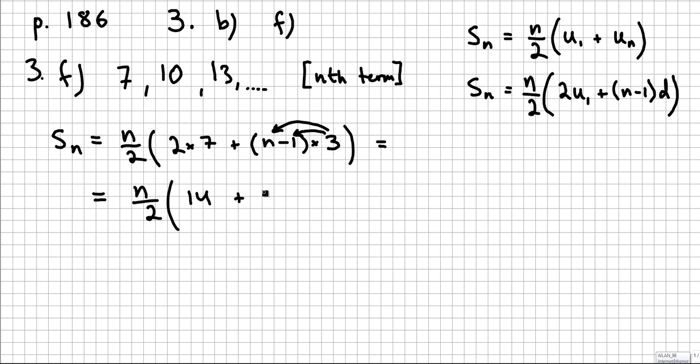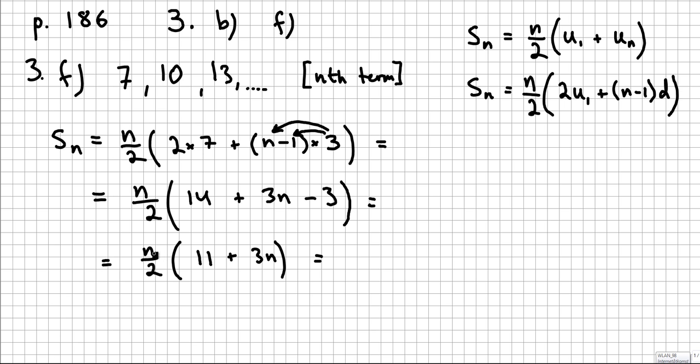So 3 times n is 3n. 3 times minus 1 is minus 3. Let's clean up a little bit here within the brackets. 14 minus 3 is 11, plus 3n.